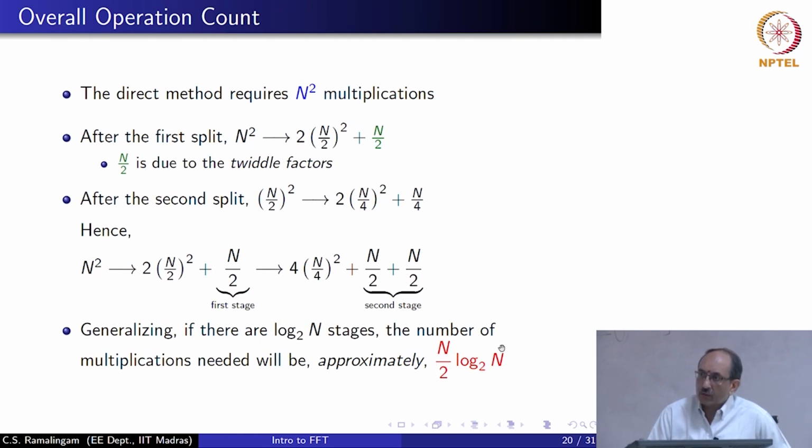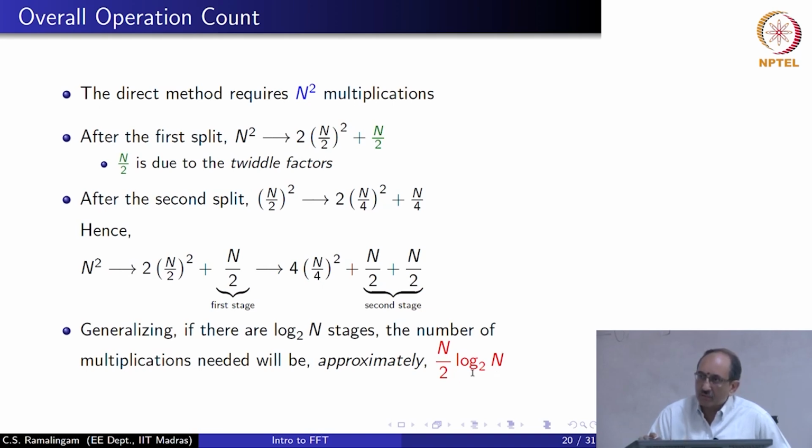From order of n squared, we have come to n by 2 times log n to the base 2. And if you had seen the FFT algorithm before, you will find that the order of FFT requires n log n rather than n by 2 log n.